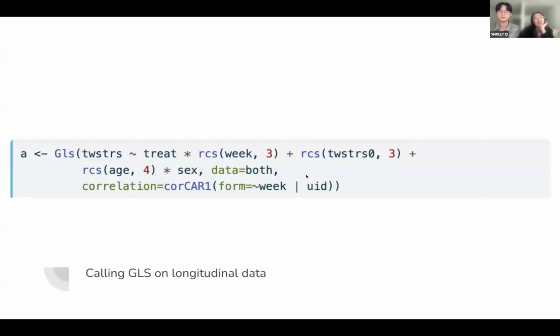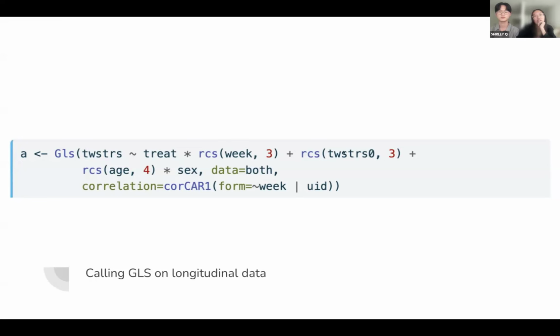And here's an example of a GLS call. So we're setting the Twister score as the response, and then we have all of our different features. So we have treat, which is the treatment, 5,000 versus 10,000 versus placebo, and that is interacting with the time, and the time is represented by a restricted cubic spline.